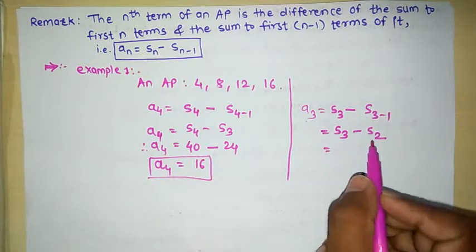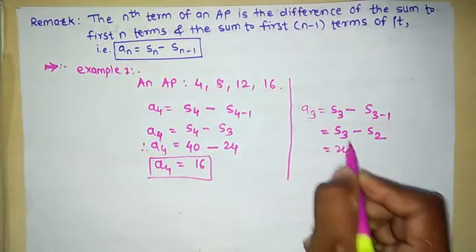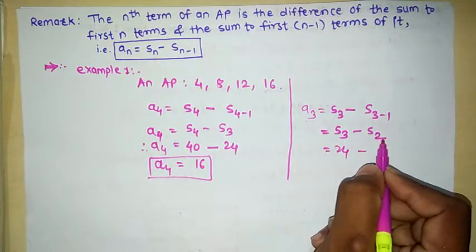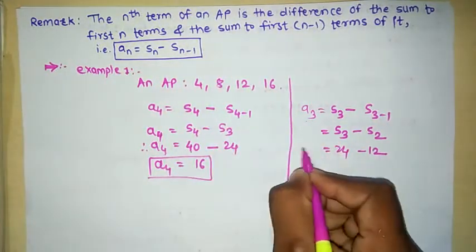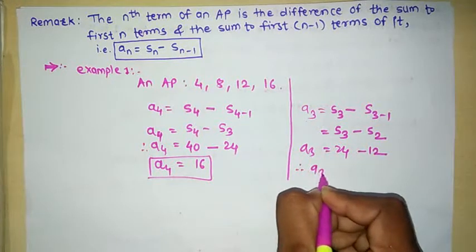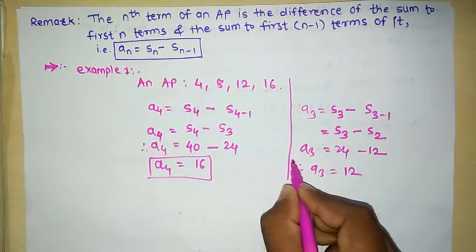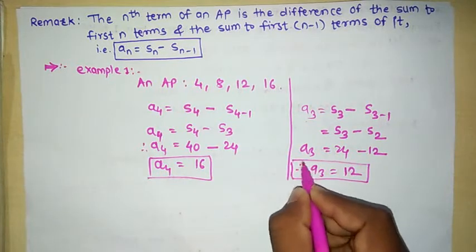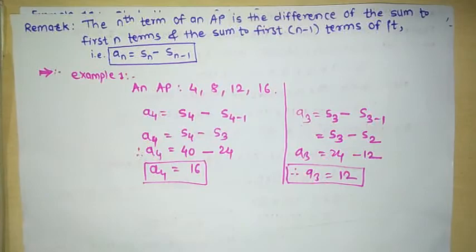The sum of the first 3 terms is 4 plus 8 is 12, plus 12 is 24, that is S3 is equal to 24, minus the sum of the first 2 terms, which is 4 plus 8, equal to 12. Therefore, A3 is equal to 24 minus 12, which is 12. We got the third term is equal to 12. Okay. Now you got the remark.